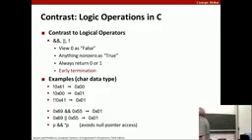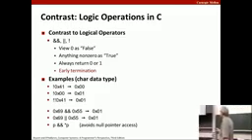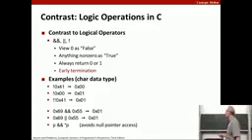So in particular, if we do some examples on some hex pattern 41, this is not a 0, and so that's considered true in this interpretation, and so the bang of that, the not of that, is 0. And similarly, if you have 0, the not of that is 1. And if you apply bang to a number twice, you'll get back a 1 unless it was 0.